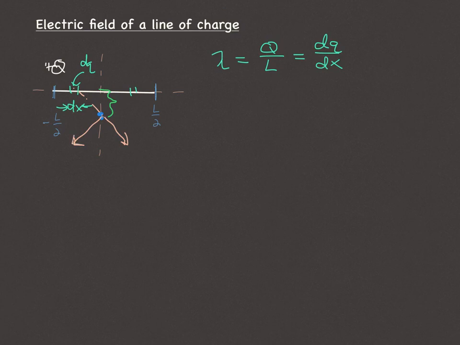Since electric field is a vector, these are the little components of the total amount of electric field by the entire line of charge. Since they're vectors, the horizontal components of those vectors are going to cancel each other out.